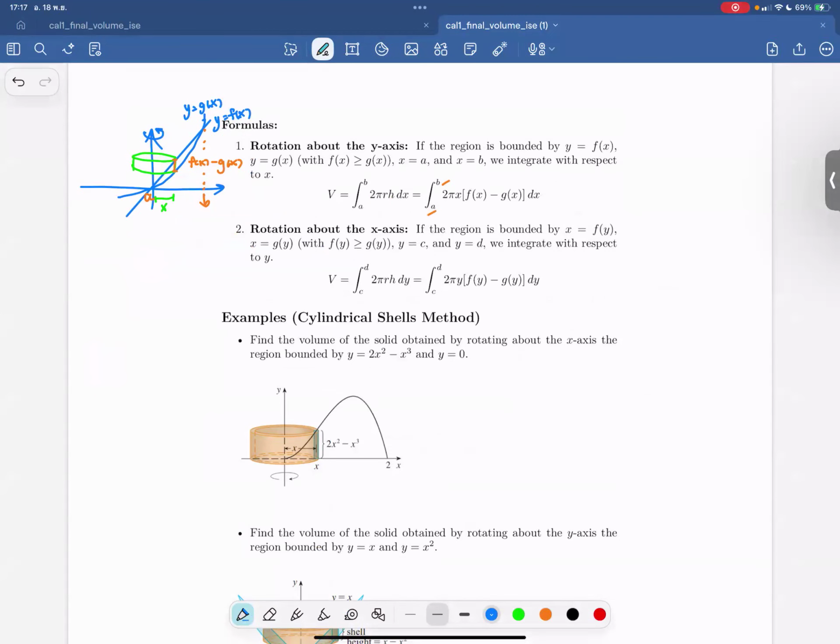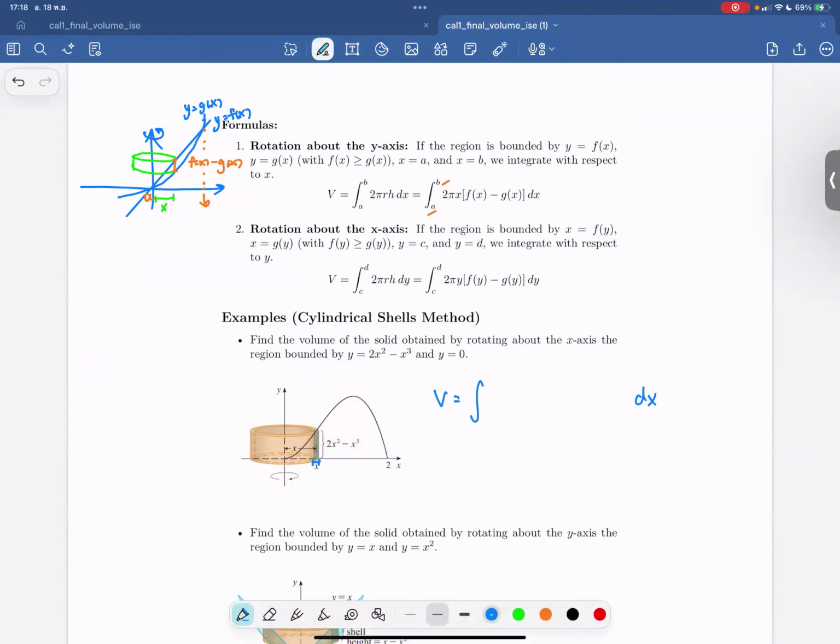Find the volume of the solid obtained by rotating about the y-axis, where the boundary is the function y equals 2x squared minus x cubed, and y equals 0. So we have to rotate this area about the y-axis. So you have your cylinder looking like this, right? We just have to find the volume with respect to the variable x, because the thickness of the cylinder is dx, so you need the variable x to be the variable of integration.